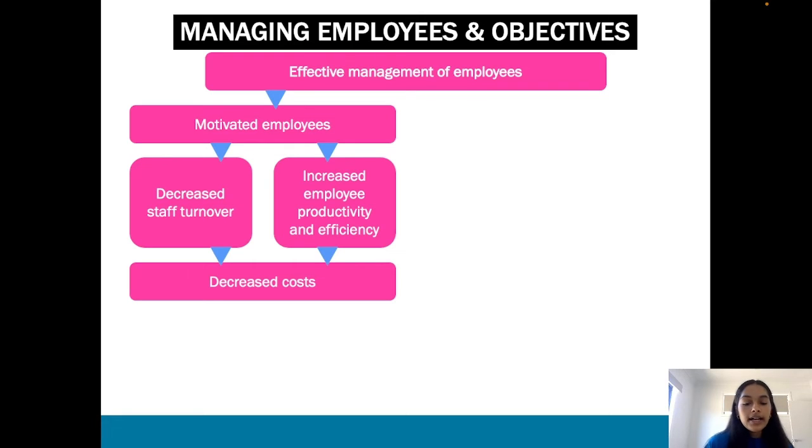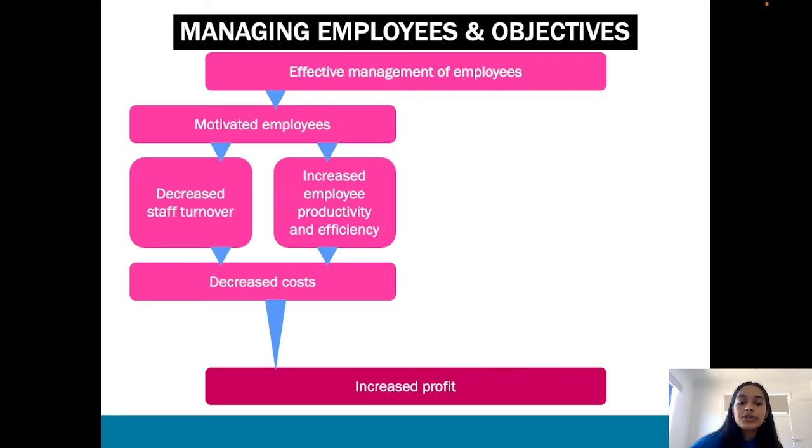So that is quite a significant cost. If fewer employees are leaving, they don't need to recruit as many people, so that lessens costs. And also if employees are being productive and efficient, they're also decreasing costs.